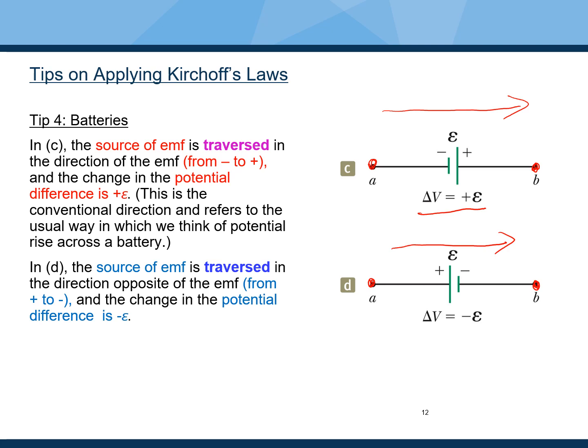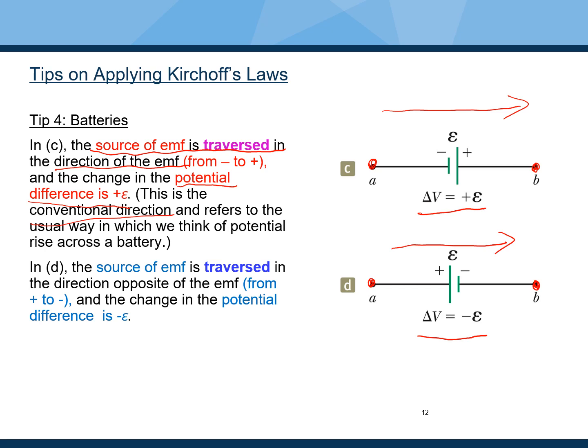And when you do that, you actually have a voltage drop across the battery, and that voltage drop is given by minus E, where E is the voltage of the battery. So it tells you that if a battery or a source of EMF is traveled in the direction of the EMF, in the traditional direction of the EMF, then the potential difference that you add in is a positive potential difference. Okay, so this is the conventional direction in which you think about batteries being traversed.